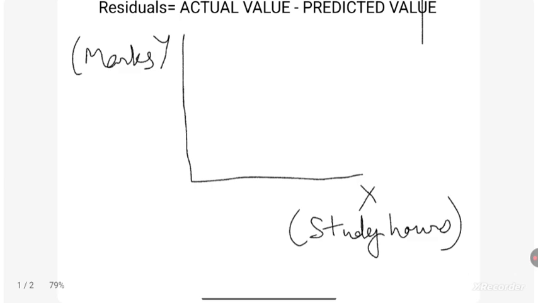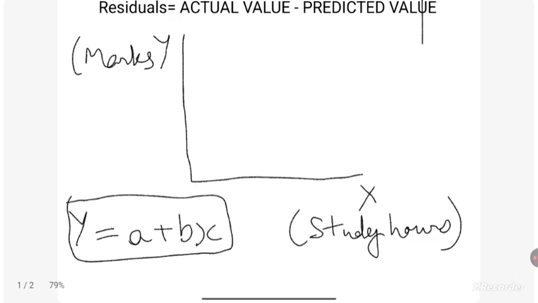So regression equation, you must have come across y is equal to a plus b multiplied by x. Now what does this mean? What is this regression equation? Let us try to understand this thing.